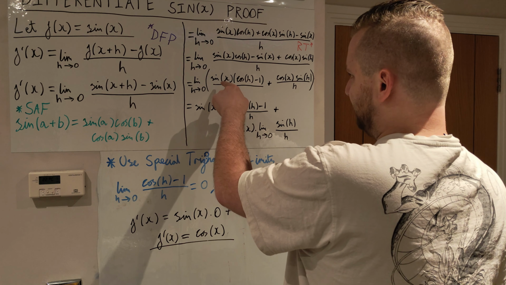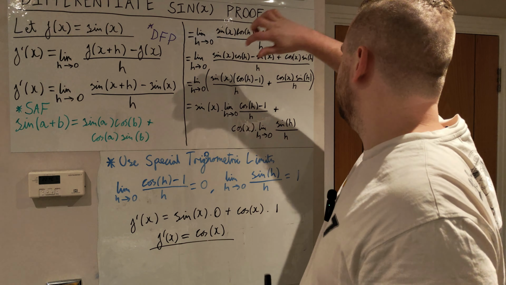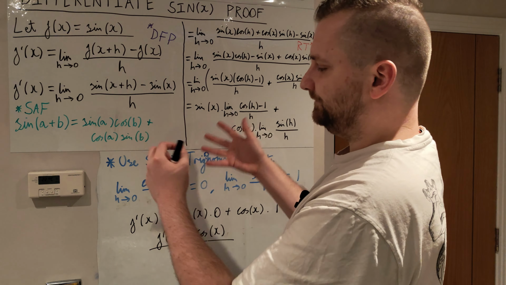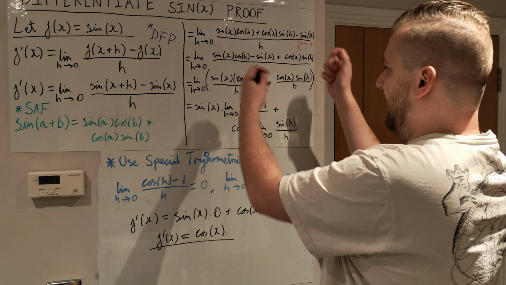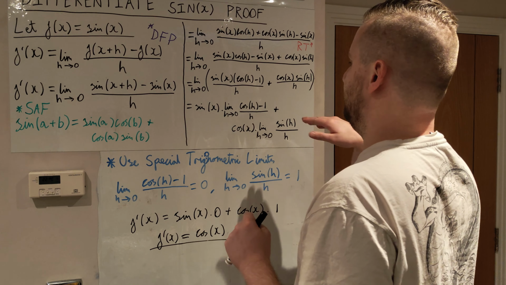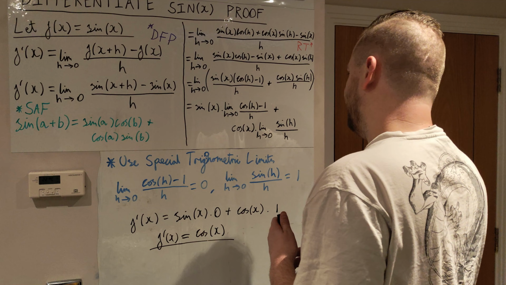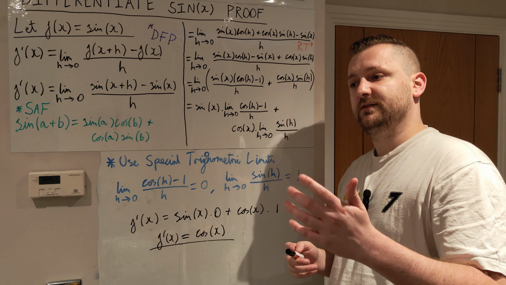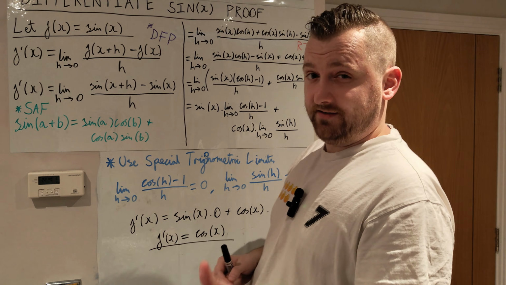Then we take a factor of sine of x out of this part, and this is fine. We separate these because the limit of these two is the same as the limit of it as one thing. You can separate things if they're over the same number, in this case h. From there we take out the sine of x and cos of x because they are effectively constants as h tends to 0, because they don't have h in them.